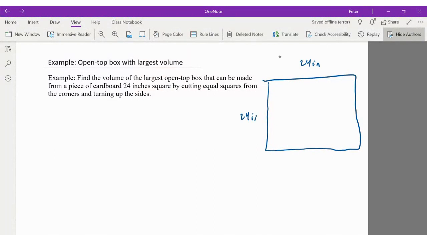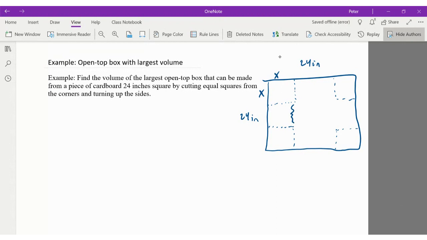And what we want to do is cut out equal size squares on all corners and flip them up. So each square that we cut out is going to be x by x.